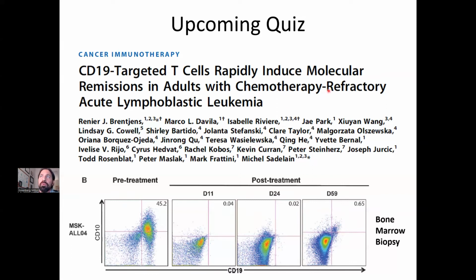So chemotherapy refractory, what does chemotherapy refractory mean? It means that these patients, here this patient MSK-ALL04, was previously treated with chemotherapy, and that previous treatment has led this patient to be resistant to that chemotherapy. This cancer is not being affected by that chemotherapy.